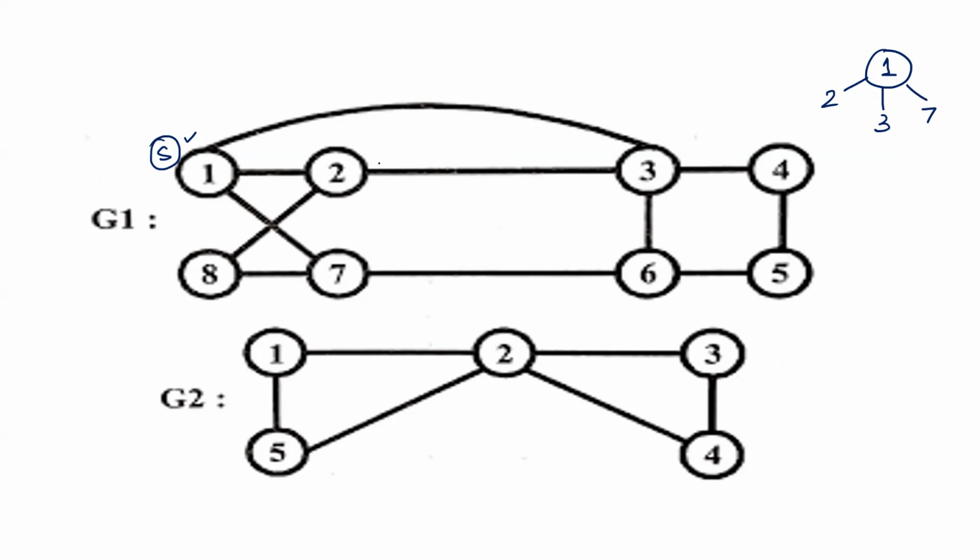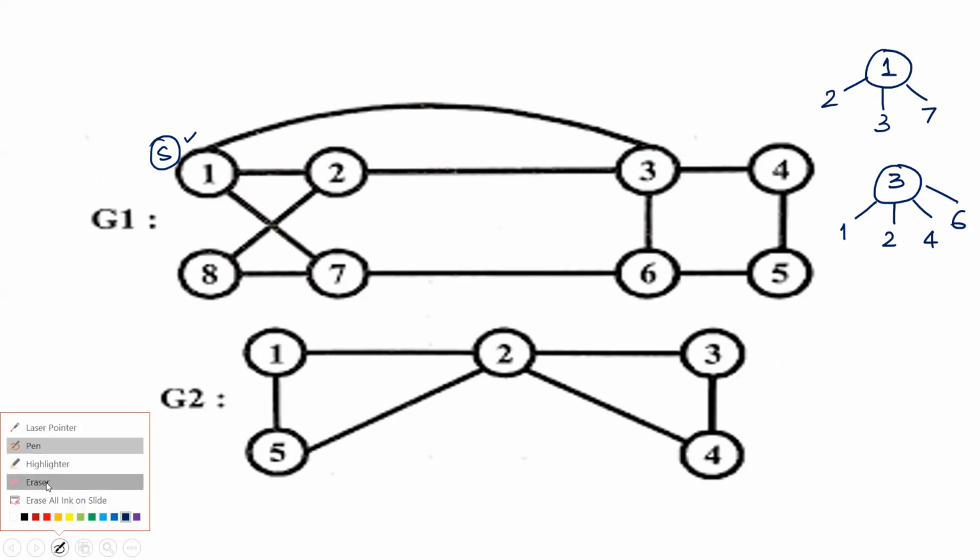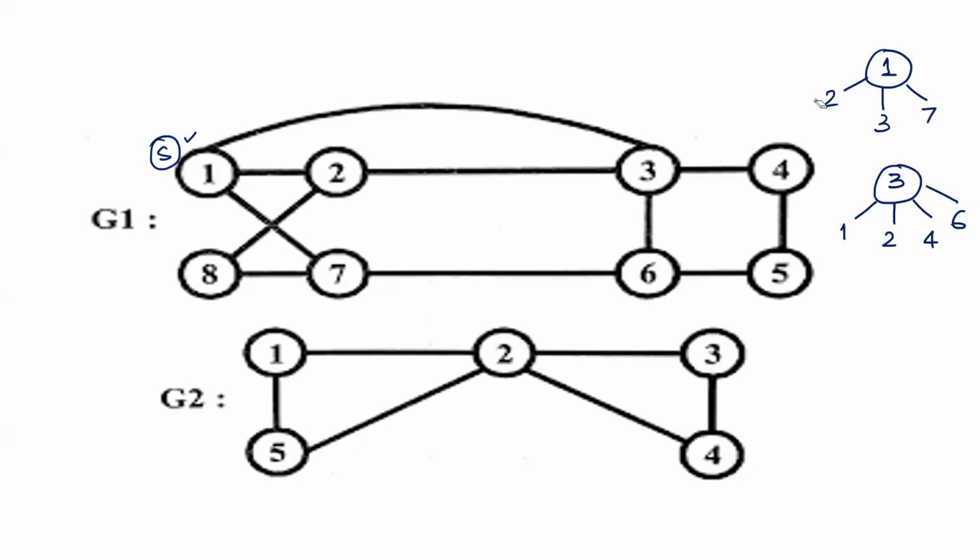So in this case, there can be 3 cycles possibly from vertex 1. And if you look at vertex 3, it is connected with 1, 2, 4, and 6. So possibly there can be 4 cycles. Now it is essential to determine whether these 3 cycles or these 4 cycles really exist.